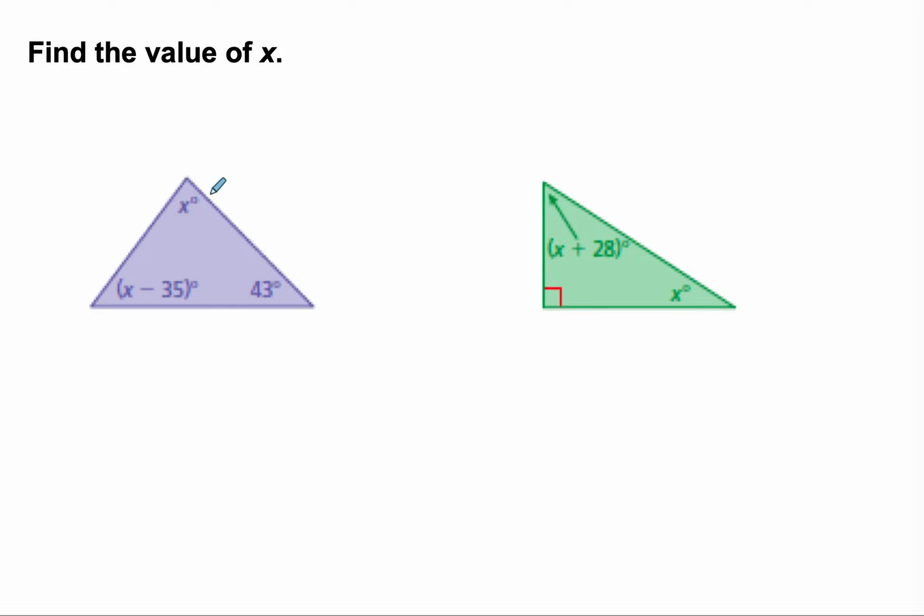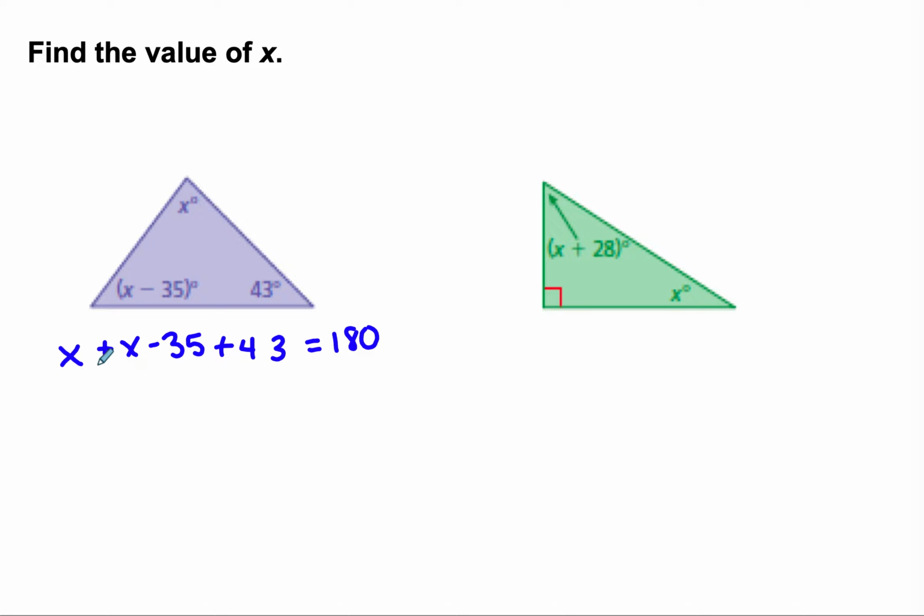We're going to add our three angles together. We're going to have them equal 180 degrees. So x plus x minus 35, we do not have to put in the parentheses here, we're just recopying it, plus 43 equals 180. Now we're going to combine our like terms that are on the same side of the equation.